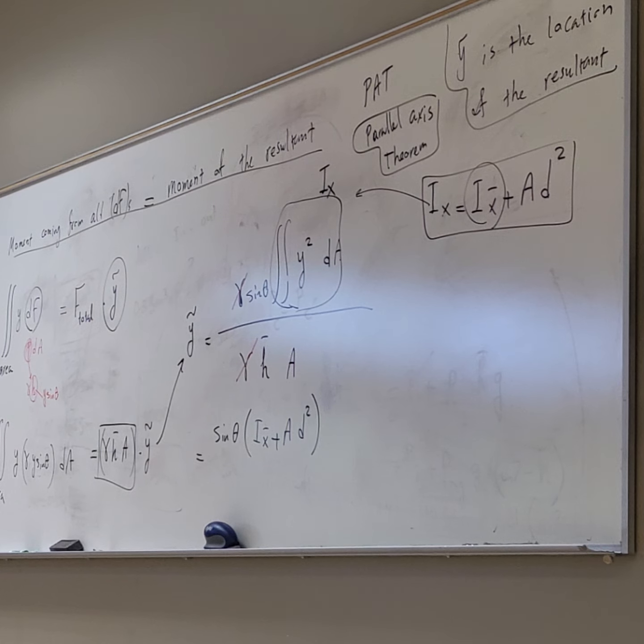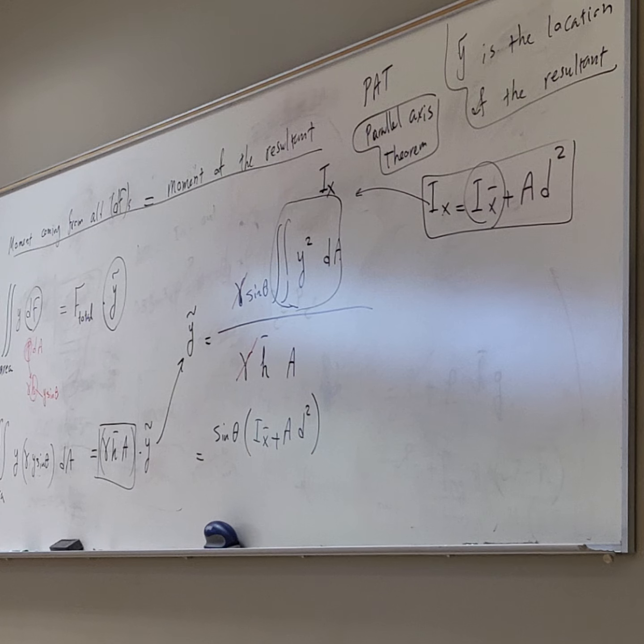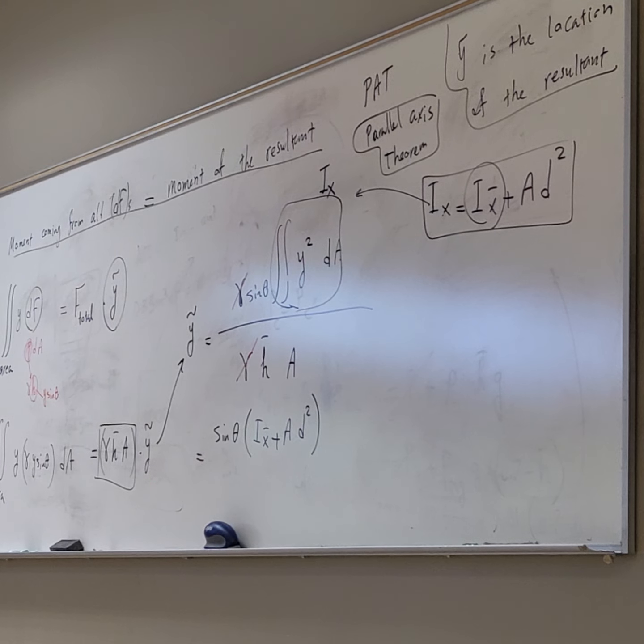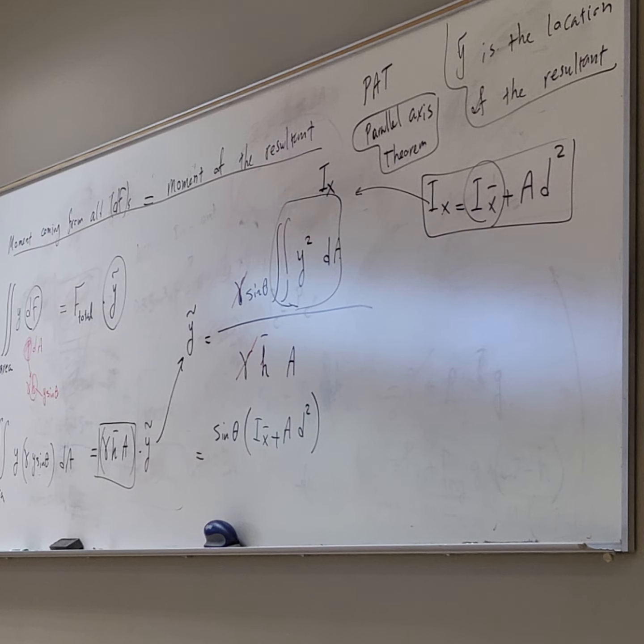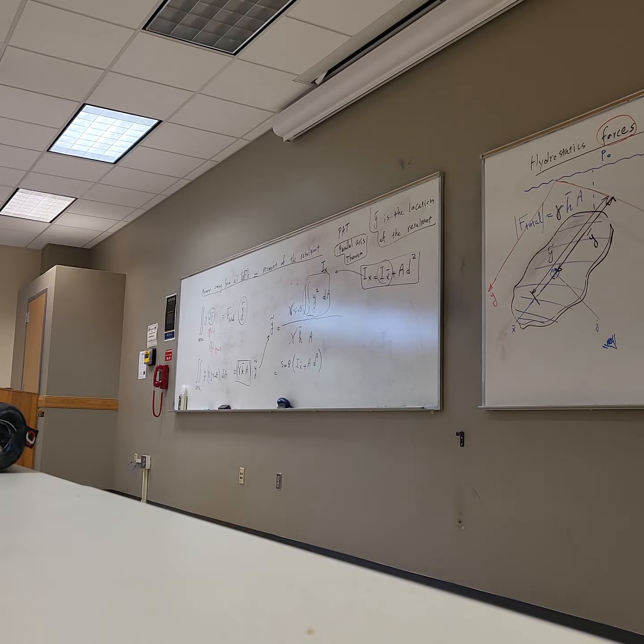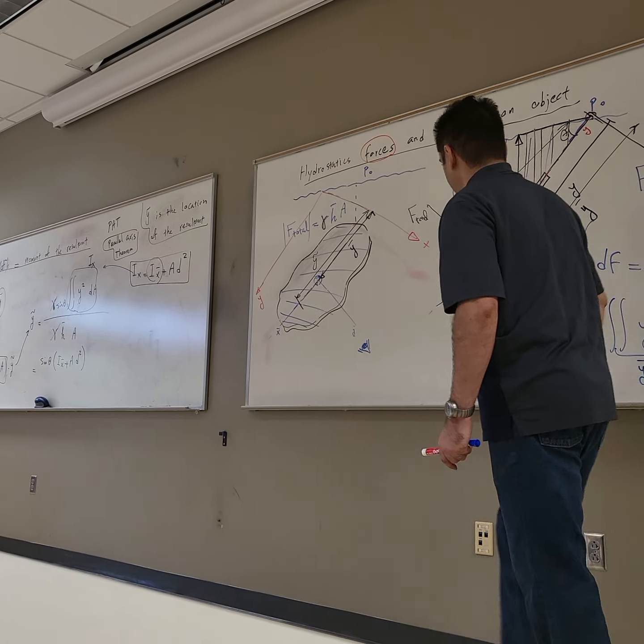Let's call this y bar. Let's say centroid here. That distance is y bar, if you look at it from the side.